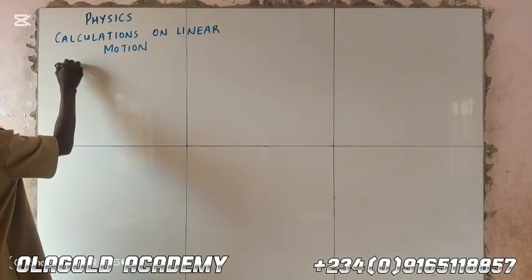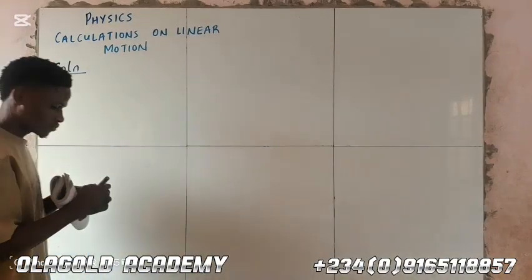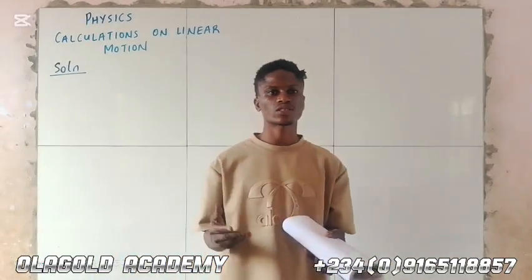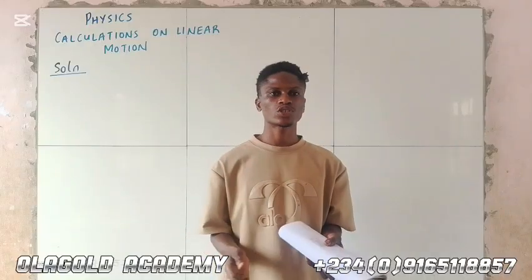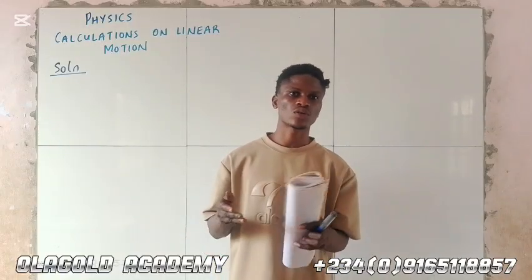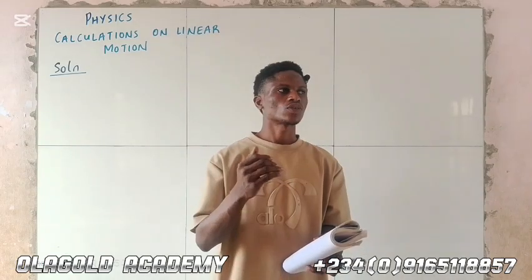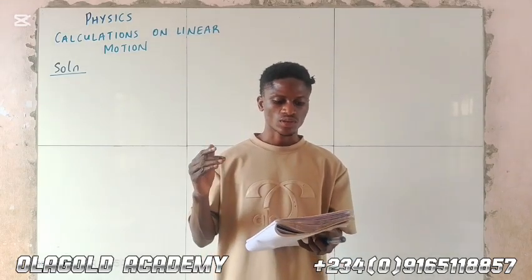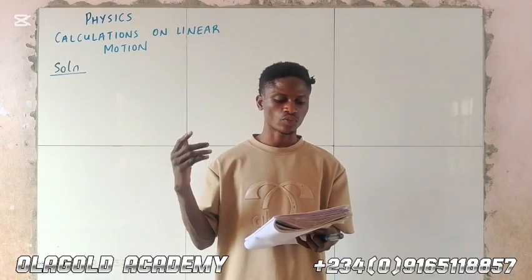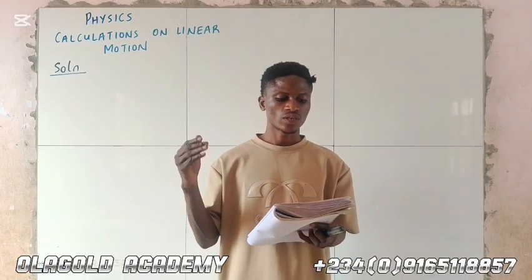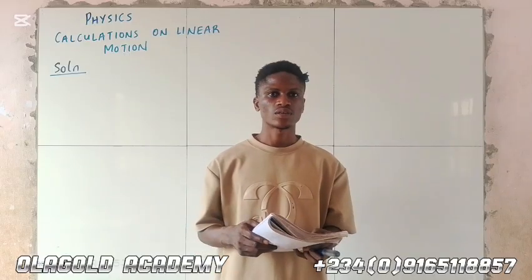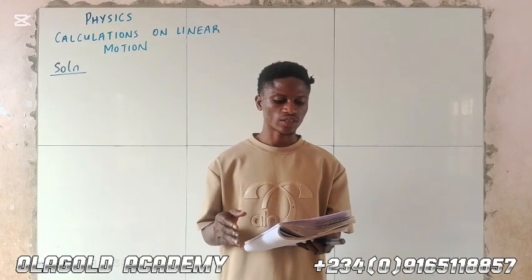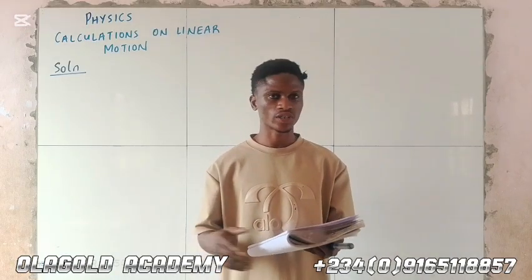Solution. As usual, if we see any question in our science subject calculation, the first thing to do is to always list out our given parameters. If we read the question carefully, it says that a body accelerates from rest.